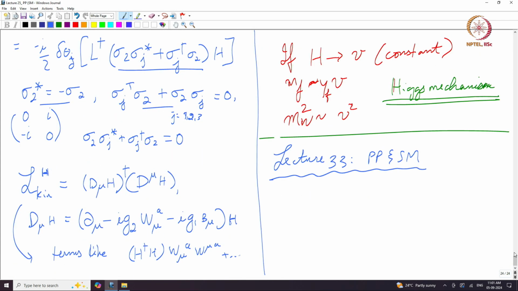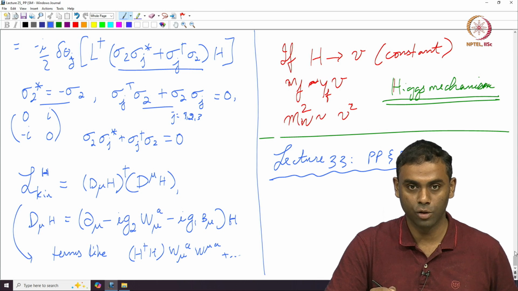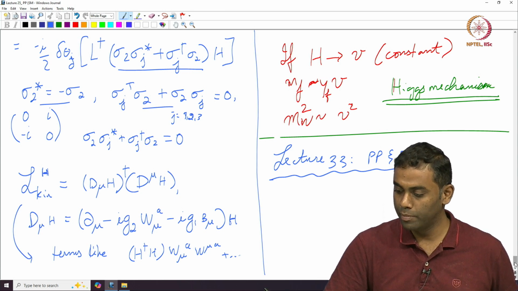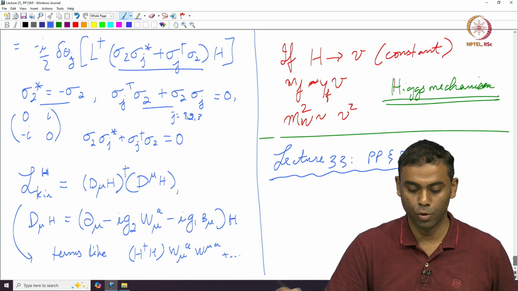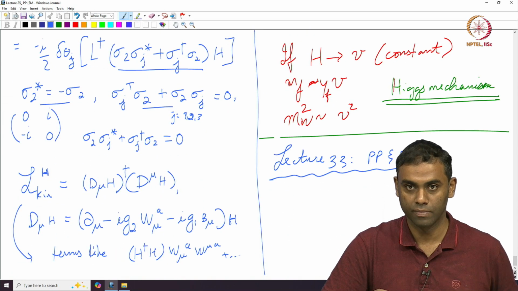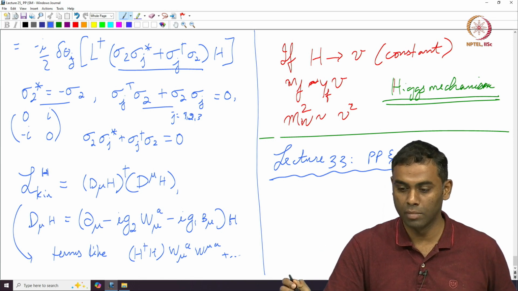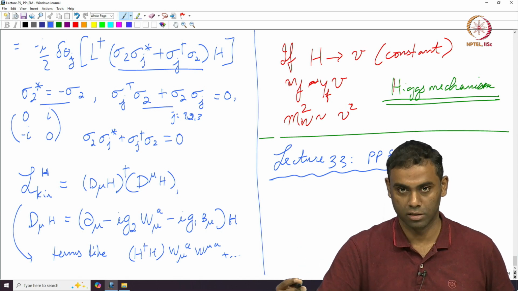So, once we had that, we could write down the kinetic term of the Higgs field itself, and in that process we had to write down the covariant derivative involving the W bosons and the B boson, and we began to see how one could give a mass to both the gauge bosons and the fermions, which was that if only there were some mechanism by which we could replace this entire doublet Higgs field with some constant, right.